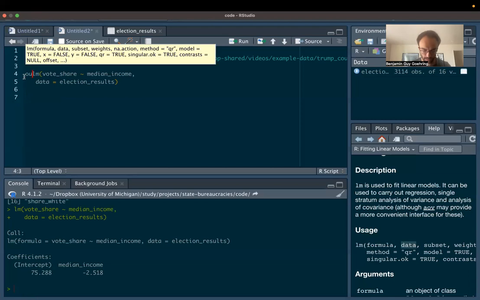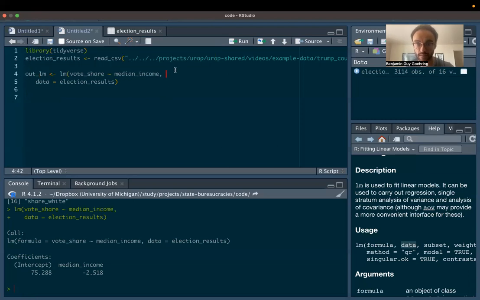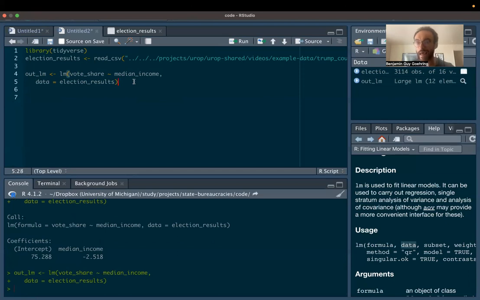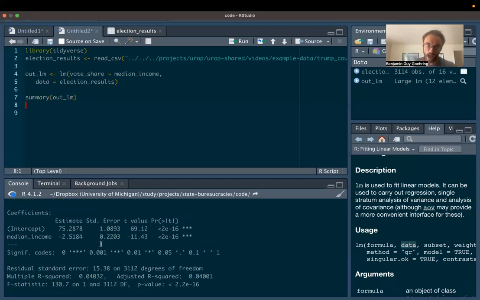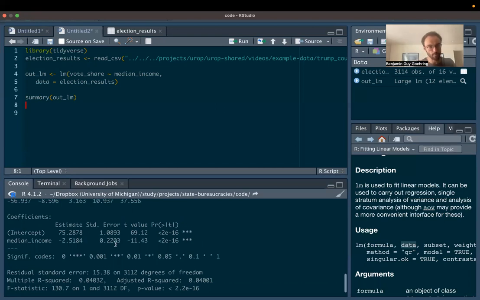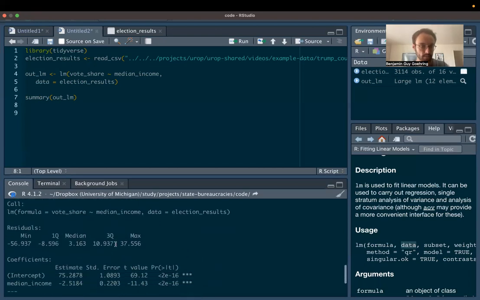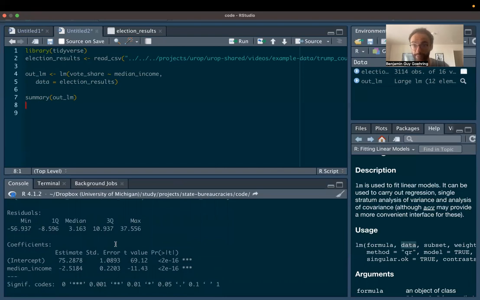That's fine, but really what we want to do is assign this to an object. I'm going to call it out_LM. This is going to contain a lot more information. Here I use the summary function to get a bit more information about our regression line.